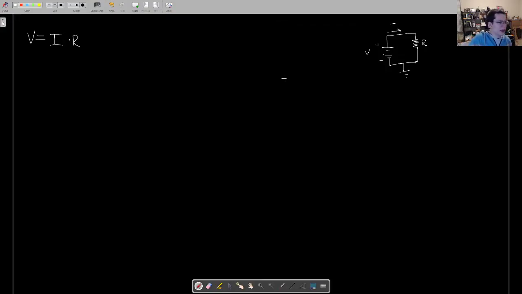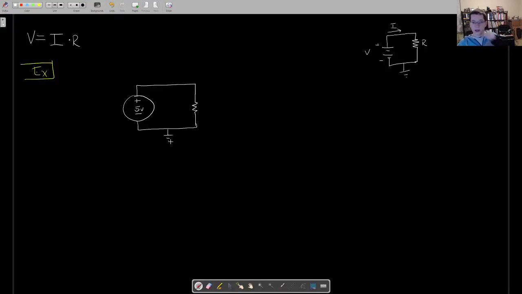So let's suppose that I have a 5-volt battery. So for an example, we're going to have this circuit. So here's another way that it can be drawn. Those are all equivalent, those two circuit drawings.